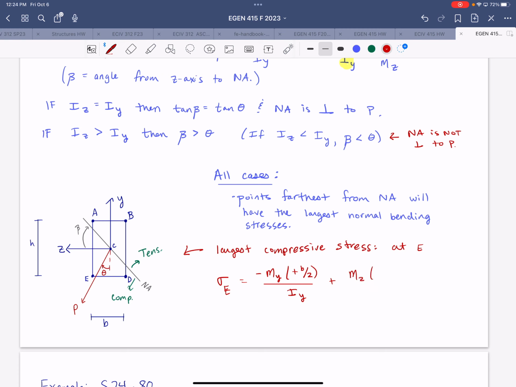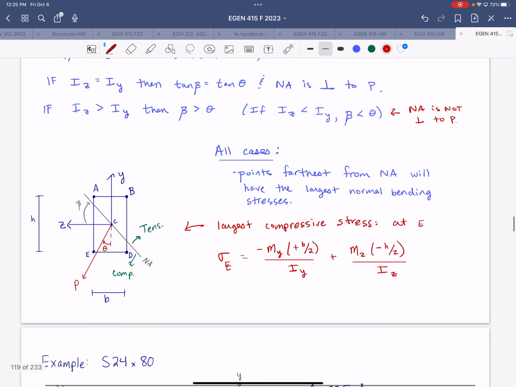And for point E, we're going in the negative y direction from the centroid, so that would be negative h over 2 for the y coordinate, divided by Iz. Right, and we would expect, since it's symmetric, point B would have the same magnitude of stress, but in tension.